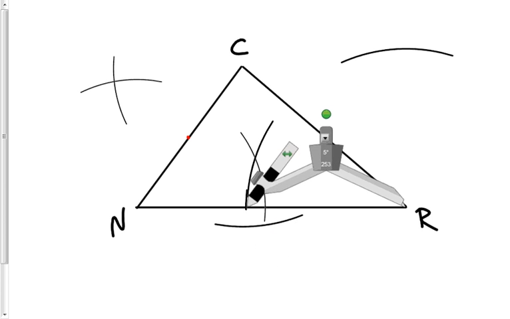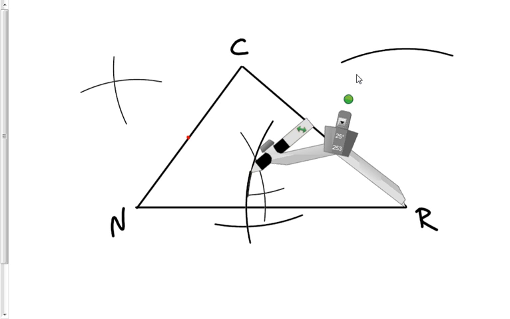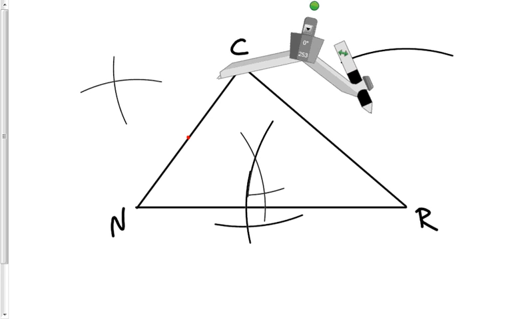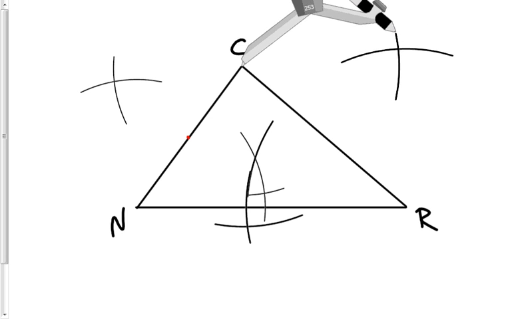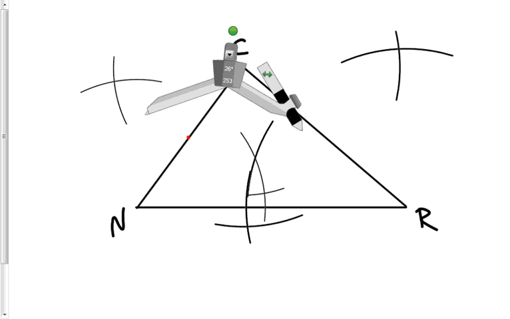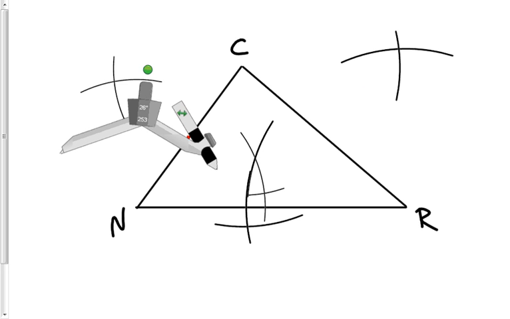Need to extend this a little bit more so that it intersects. There we go. And that will come up here and construct, there we go, that perpendicular bisector by connecting this to that. And now I have the midpoint of CR to be right there.